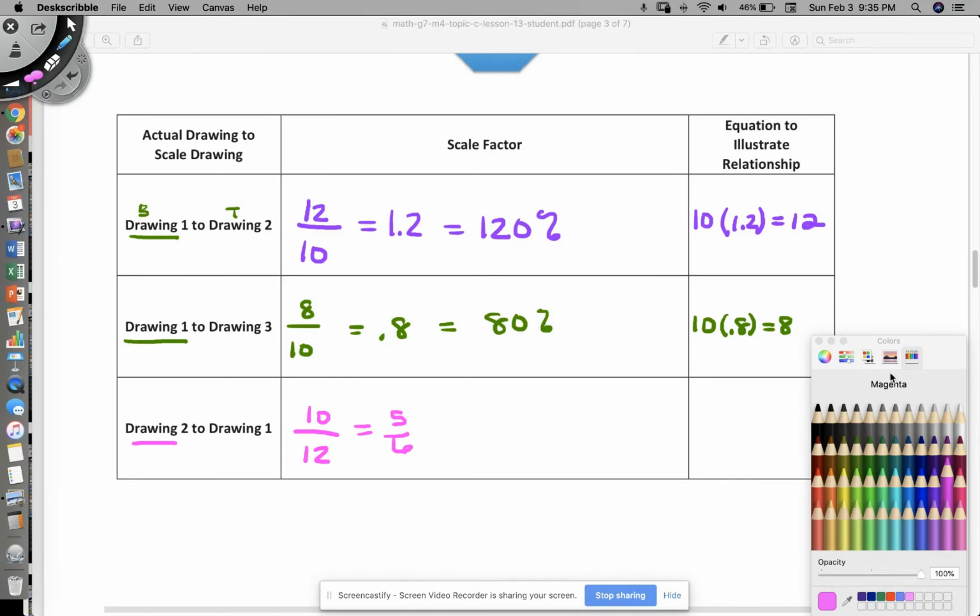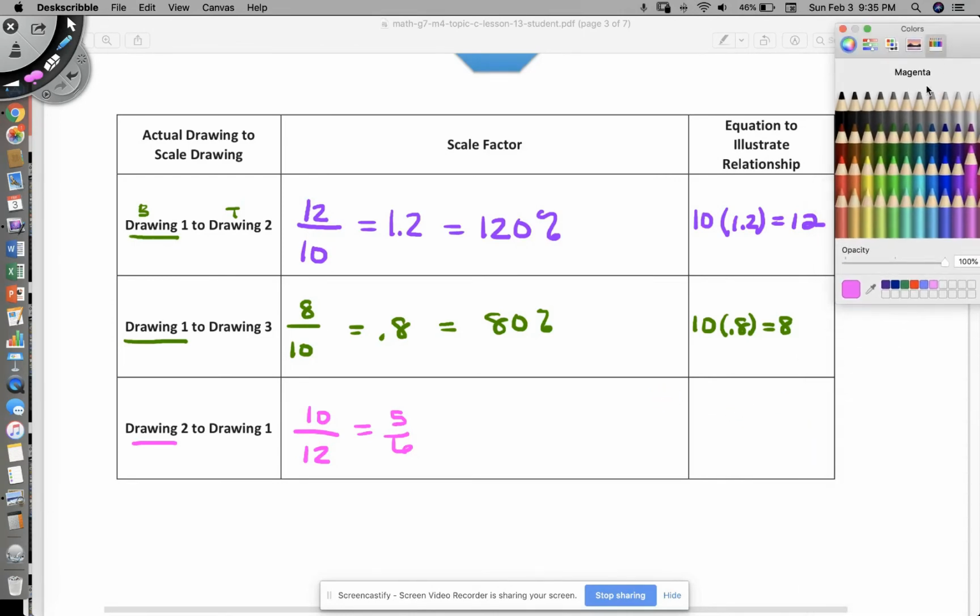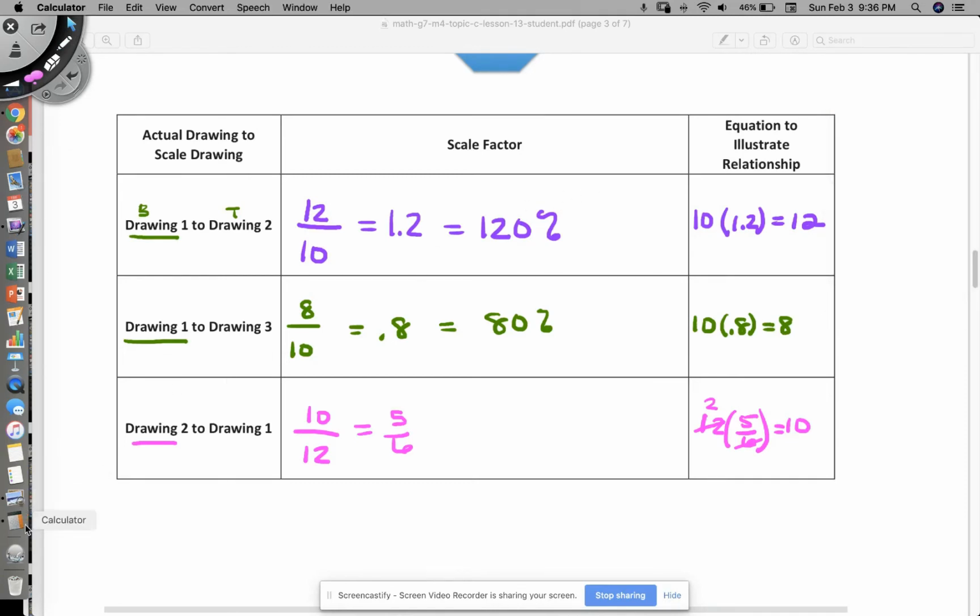So I'm just going to come over here and calculate my equation and show you what that looks like. So I'm going to say 12 times 5/6, which actually works out nice here because my 6 cancels into my 12 2 times, and 2 times 5 is 10. So there we go.